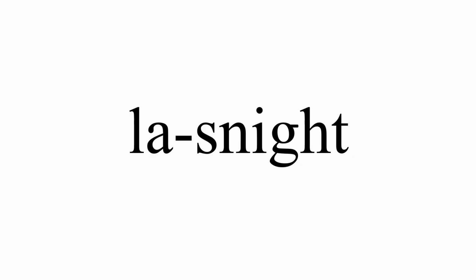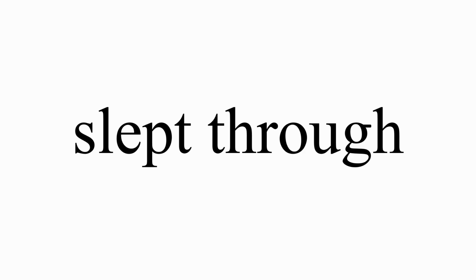So the S will connect. Or we have "left my," "lef my." Or we can say instead of "slept through," like I slept through the earthquake, we can drop the T and say "slep through." I slept through the earthquake.